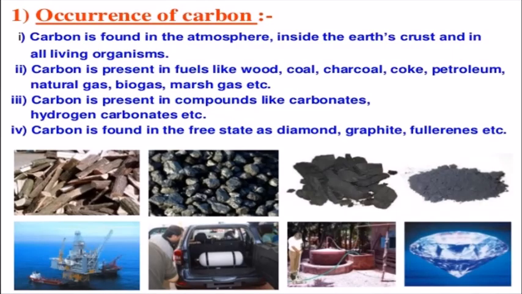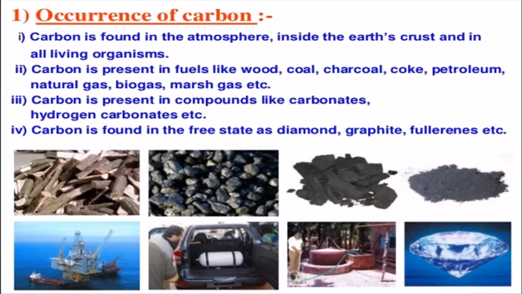Now children, let us learn about the occurrence of carbon. The word carbon has been derived from a Latin word, carbo, which means coal. So in Latin it is called as carbo. We had already learned that carbon exists in two states, that is a free state and a combined state.